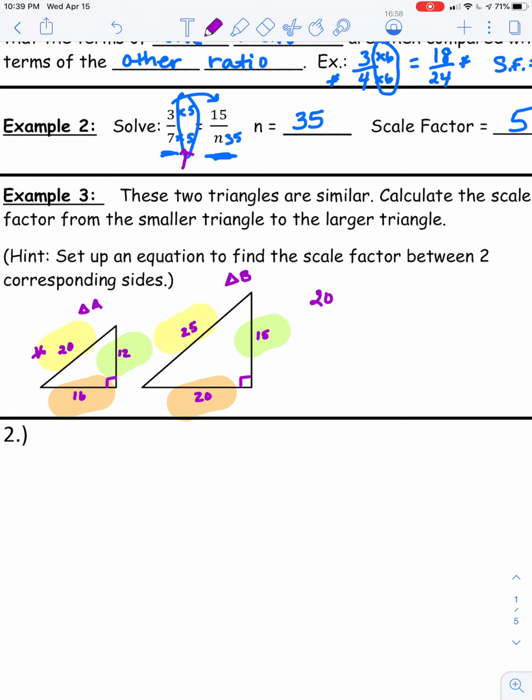I could multiply 20 with the scale factor if I knew it, and I don't, so I'm going to call it F. We're going to multiply 20 times the unknown scale factor, and it's supposed to equal 25. Think about it, just like up here in example 2. I took 3 and I multiplied it with the scale factor to get 15.